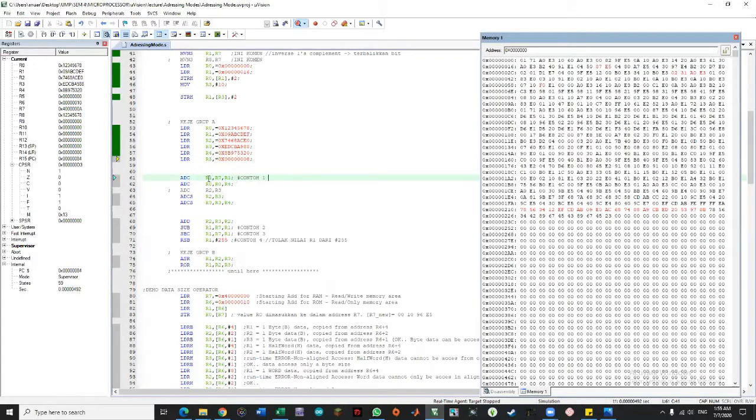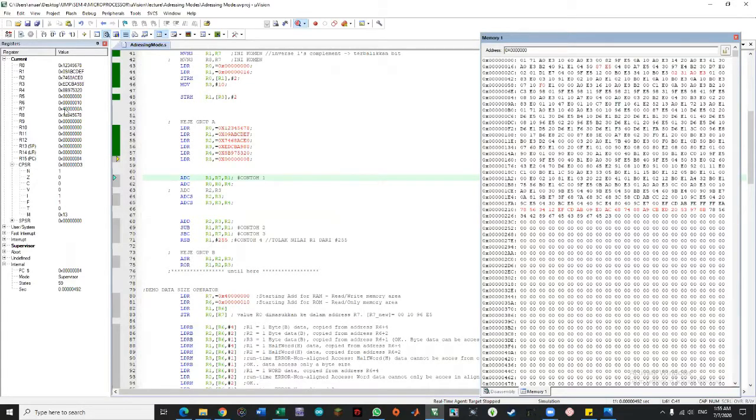As we can see here, the ADC instruction is R7 plus R1 and the result is stored in register R1. The value of R7 is 400000A, and the value of R1 is 09ABCDEF.